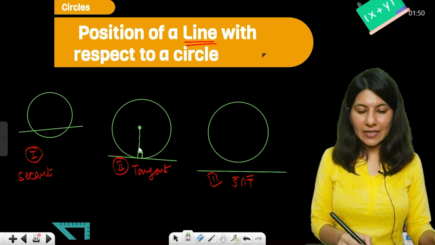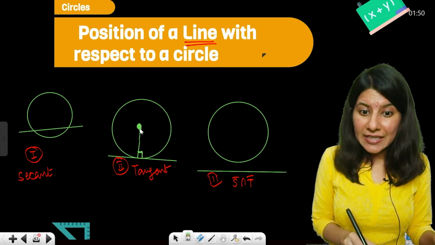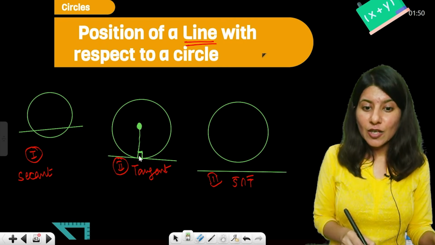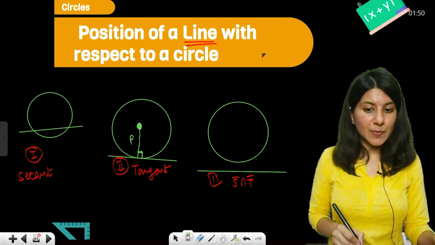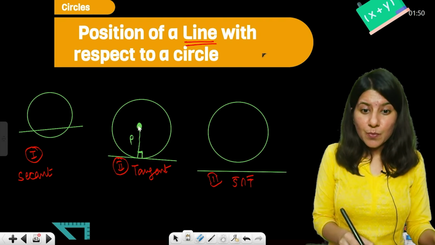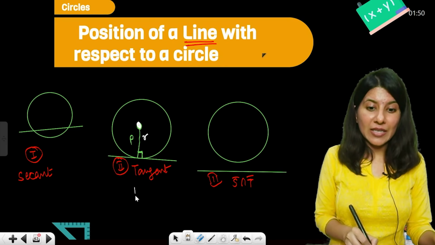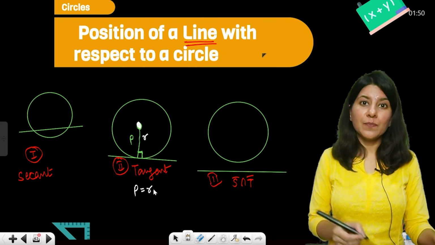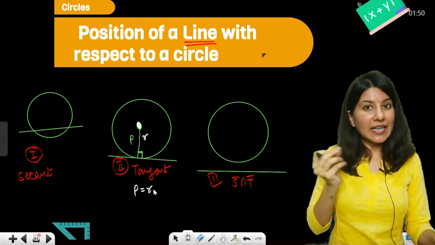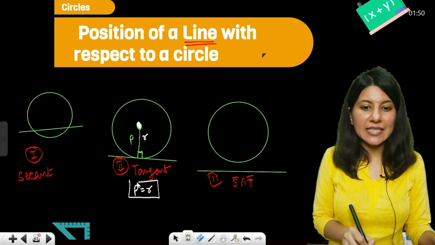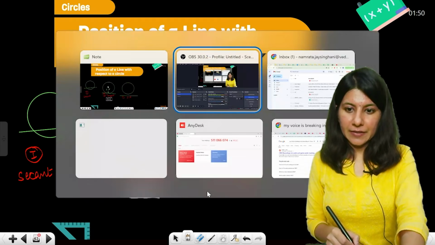The perpendicular from the center on this line, this length, let us mark it as P. As per the diagram, this distance between the center and the line is equal to the radius of the circle. So in this case, P is equal to R. P is the distance between center and line, and R is the radius. So this is the condition: P is equal to R. Clear?